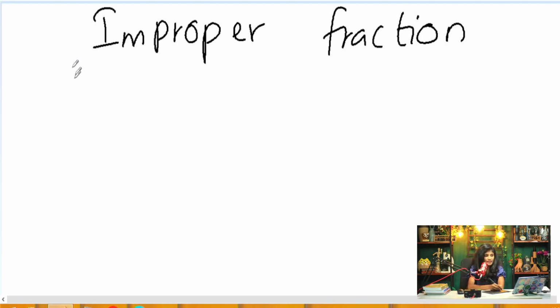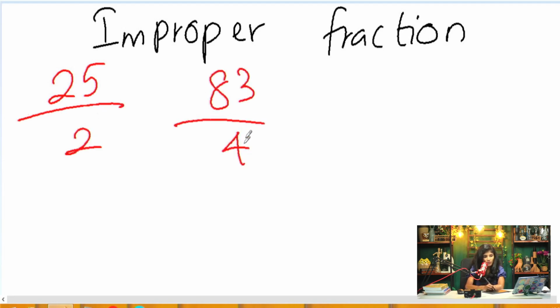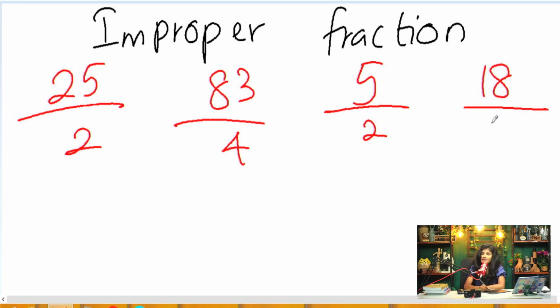Let's write some examples: 25/2, 83/4, 5/2, 18/7. Always the upper number, the numerator, is larger, and the denominator is smaller.